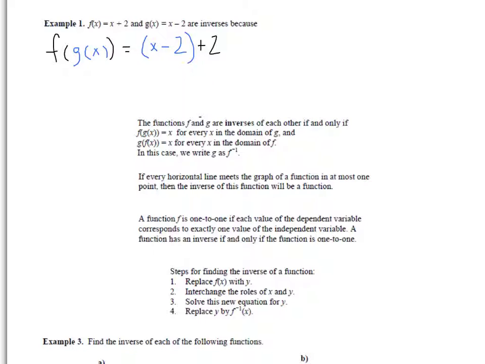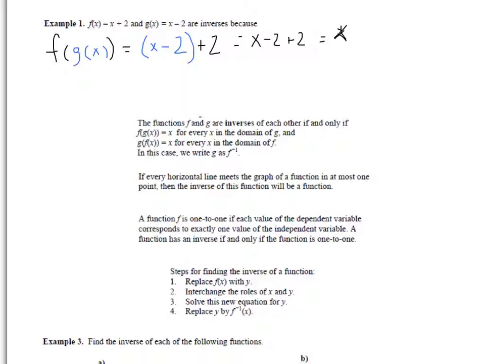Notice what I have here is I'm substituting g of x into f, and when I work it out, I get x minus 2 plus 2, which ends up equaling x. So far, this has the potential to be an inverse.